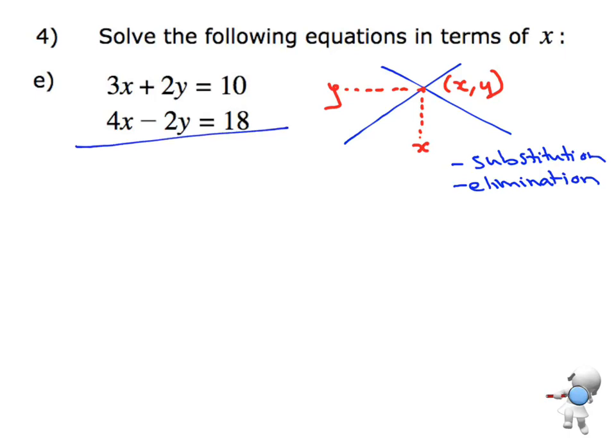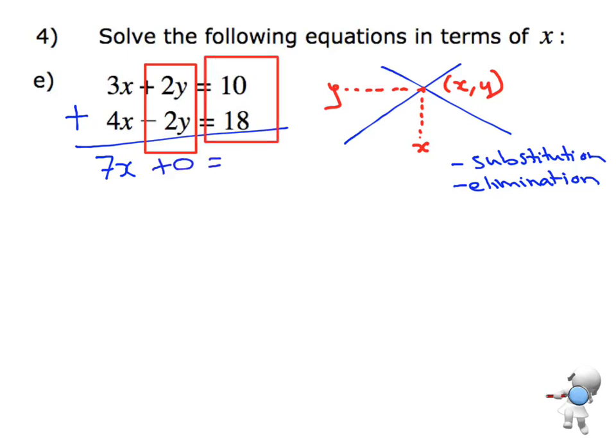If I add these two equations here, 3x plus 4x is going to give me 7x. Then I look at the y's, plus 2y minus 2y, that's going to cancel out and go to 0. And then I look at the numbers, 10 plus 18 is going to give me 28.